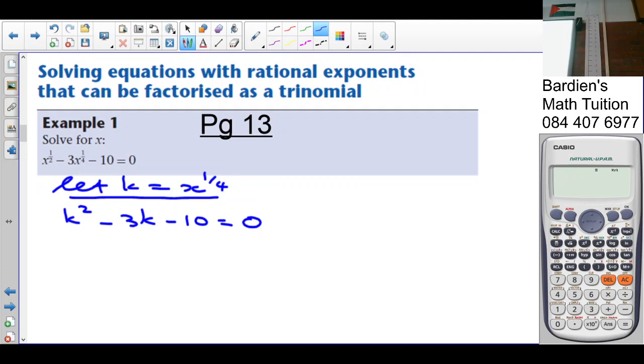So what is this now to us? Trinomial. Factorize a trinomial. The factors are going to be 5 and 2. Do we add or subtract our factors? Subtract them. The bigger one must be negative, so it's negative and constant.